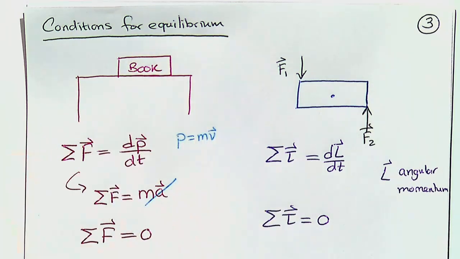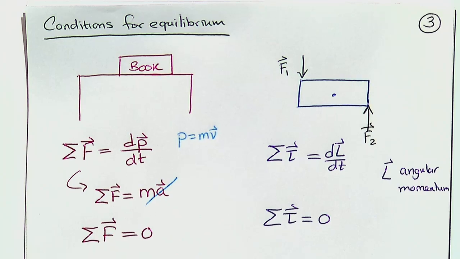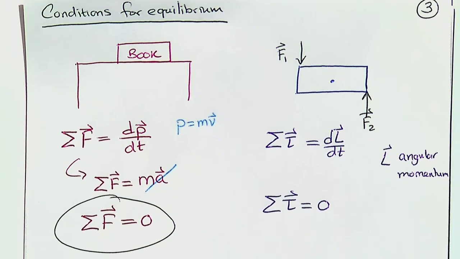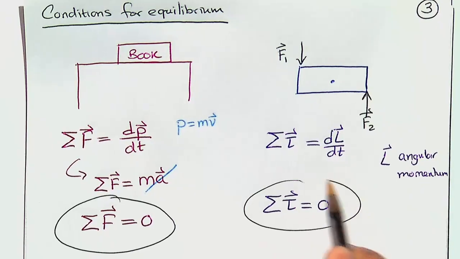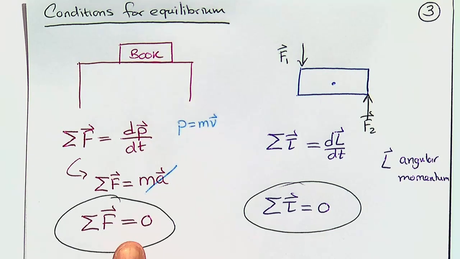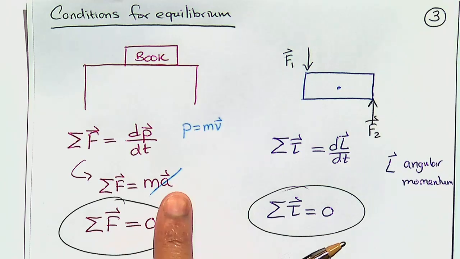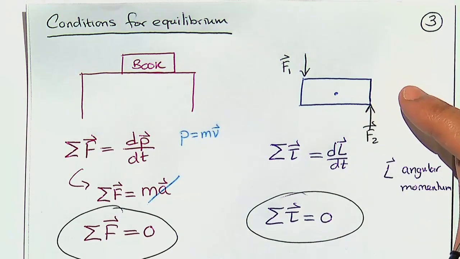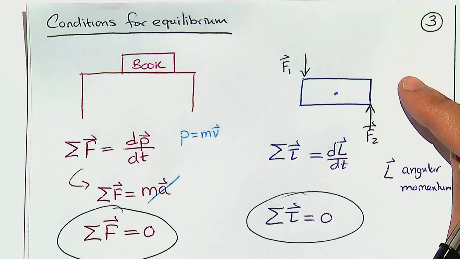So when we say something is in static equilibrium, what we're really saying is the sum of the forces is 0, and the sum of the torques is 0. If one of these is not true, then something will be accelerating in some fashion, right? If this condition is not true, then it'll be linearly accelerating, like a. If this condition is not true, then it will be rotating and accelerating at that.